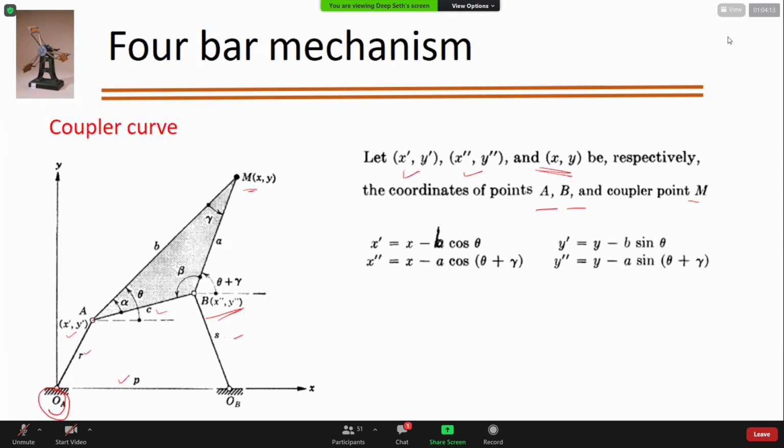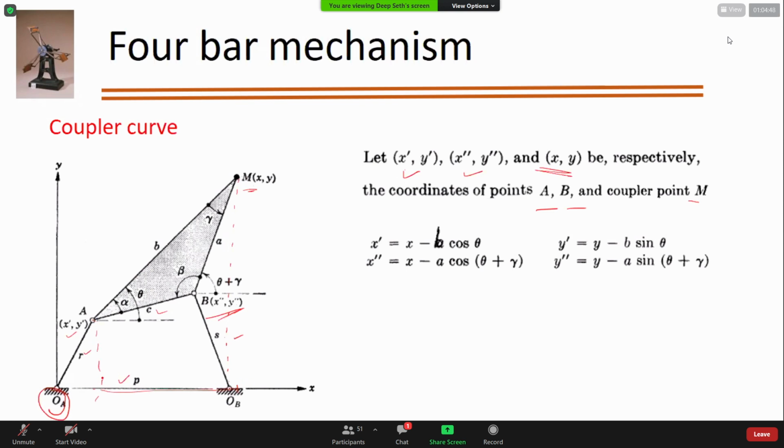So x dash we can write as x minus B cos theta. So B is this, so B cos theta will form here.